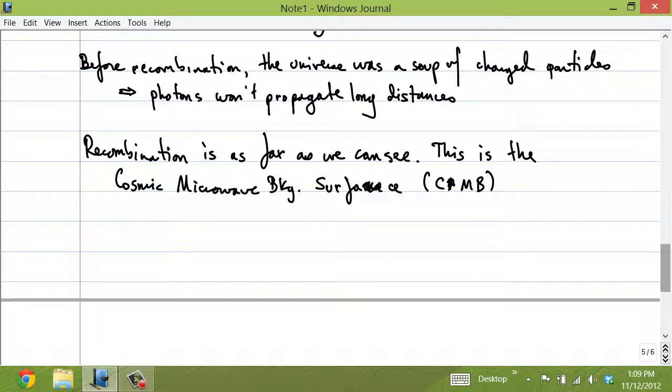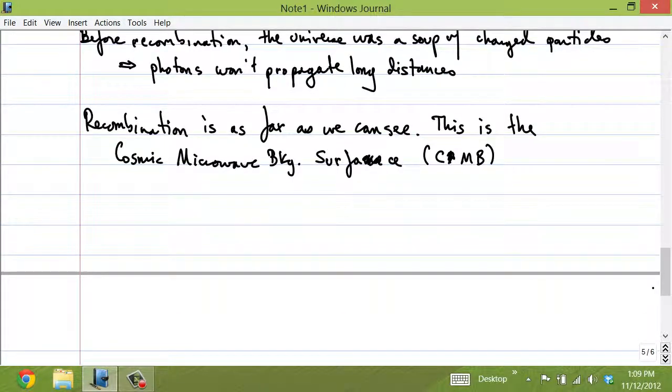And a lot of what we know about cosmology from the last decade or so comes from detailed observations of the cosmic microwave background. So let me just tell you a few numbers.